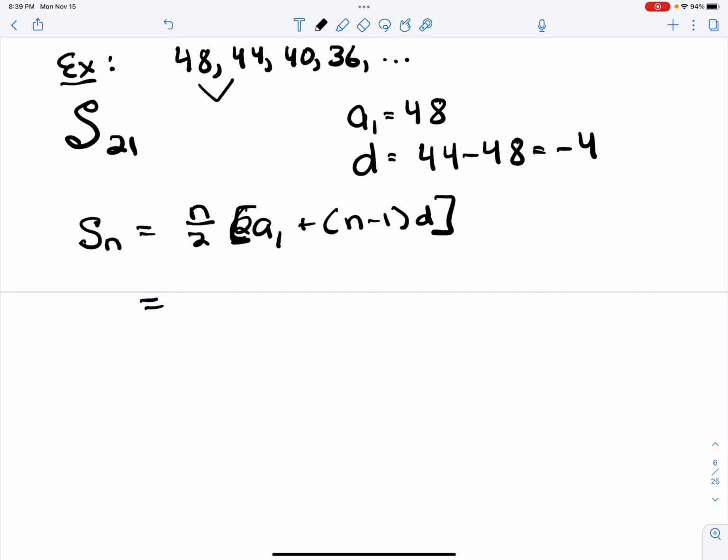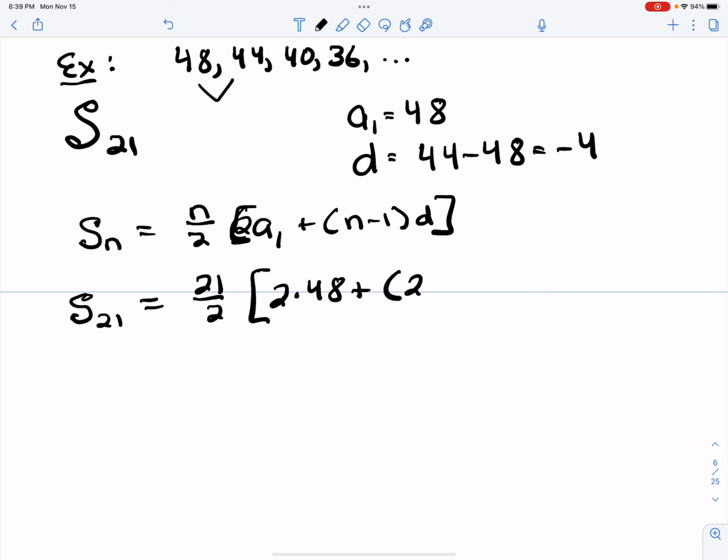If we're doing S sub 21, n is 21, so it's 21 over 2. And then we know a sub 1, so 2 times 48 plus, okay, 21 minus 1, and then we know the common difference is negative 4.